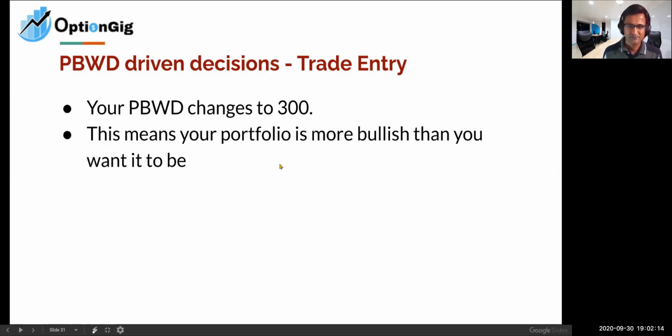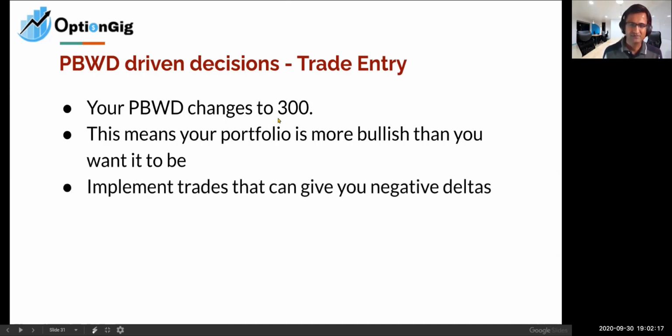So you may want to do some trades that could reduce the delta, because the number that you're comfortable with is around 200. But in this case, because the market fell, your overall portfolio has become more bullish, because the portfolio is now screaming for the market to go up. Your PBWD was 200, but because it became more bullish, now the number will jump to say 300.